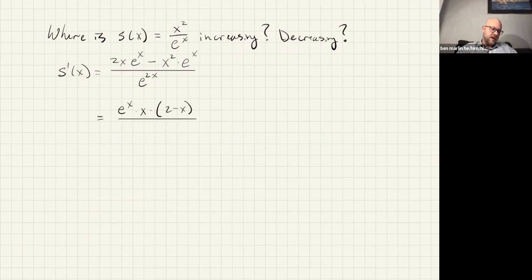All that divided by e to the 2x, but conveniently, since you've got an e to the x as a factor, and e to the 2x there, then that says you'll have an e to the x down there. For our purposes, it doesn't really do that much, but it does make it a little simpler when we do calculations with it. We need to set that equal to 0, and that says that x times 2 minus x equals 0, because only numerators make things 0.